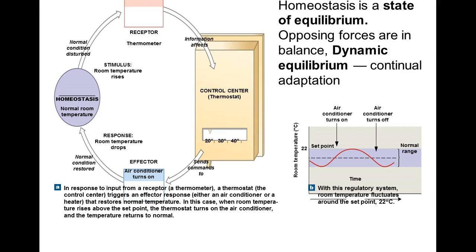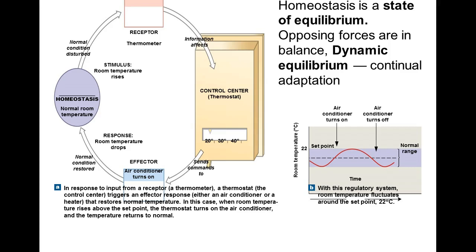It's a continual adaptation. Now, this is a pretty classic picture of homeostasis where you have the control center. The control center is otherwise known as your brain. And the control center of a human being has certain set points. And that's where we use this analogy of a thermostat.